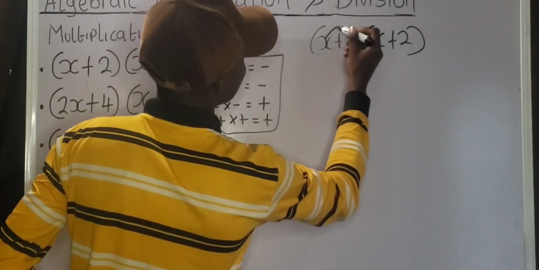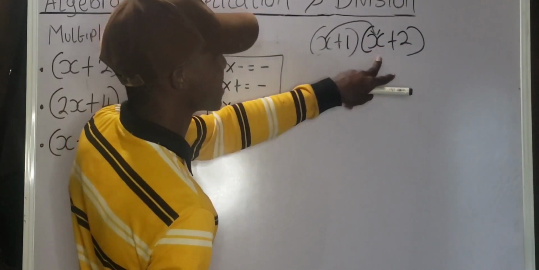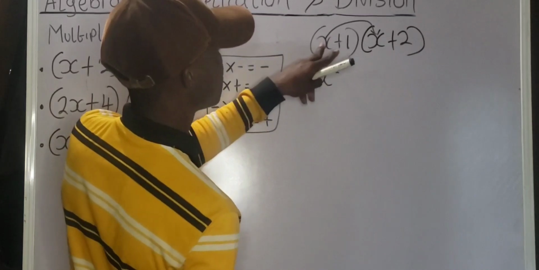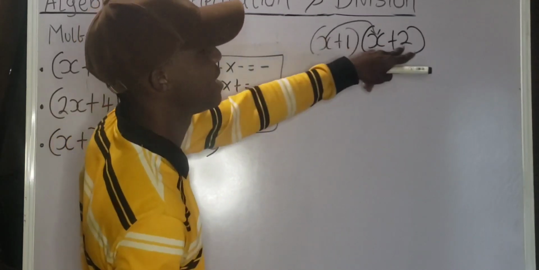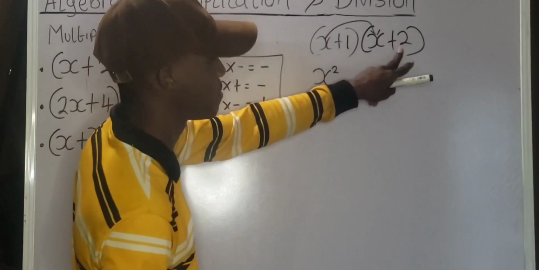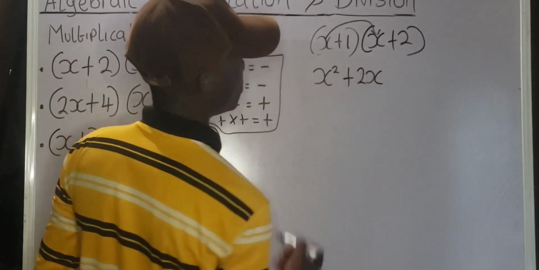For this x, we multiply this. So I'm going to have x multiplied by x. That is x squared. Then followed by x multiplied by plus 2. Positive x multiplied by positive 2. That is what? Positive 2x. Do you understand?